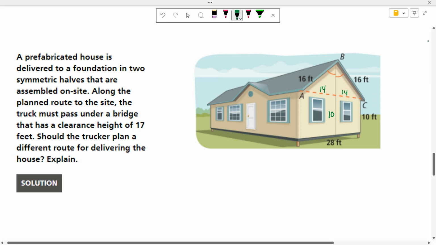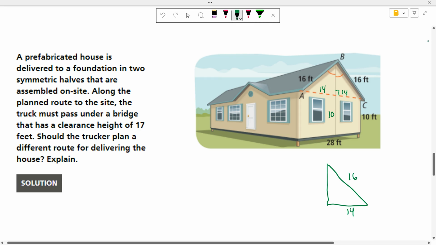So what is this right here? Okay. So to figure this out, we can use the Pythagorean theorem. What's Pythagorean theorem?